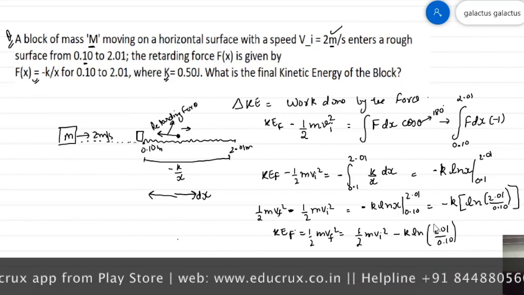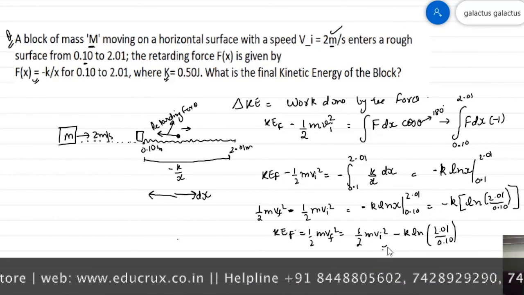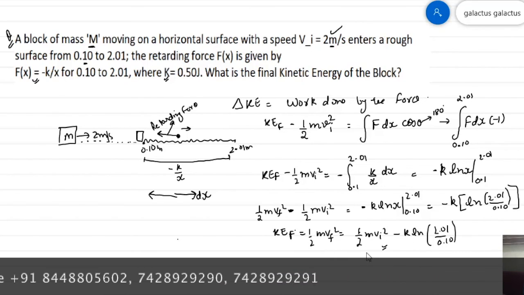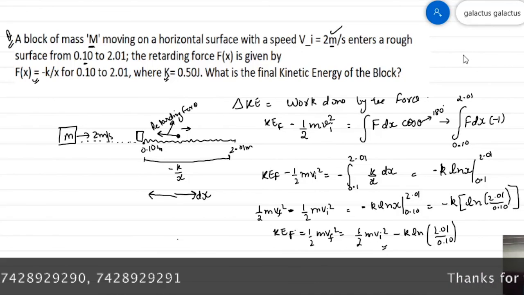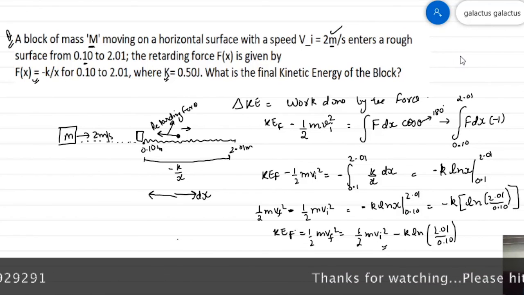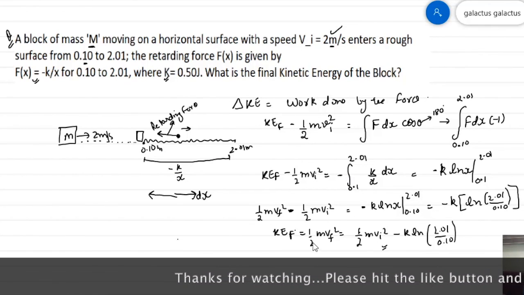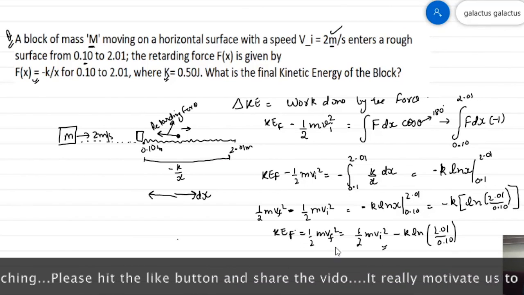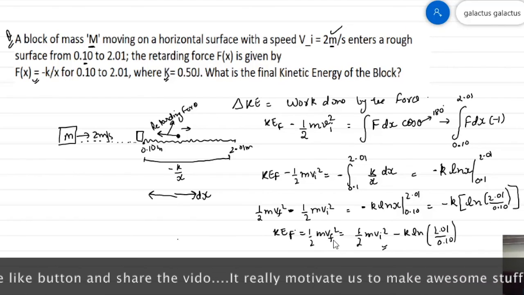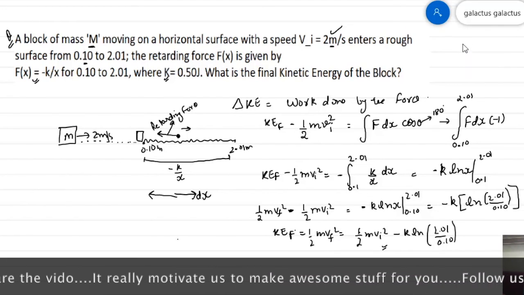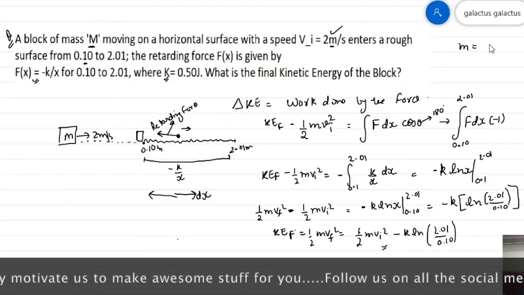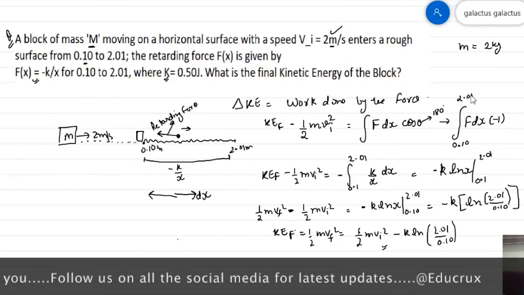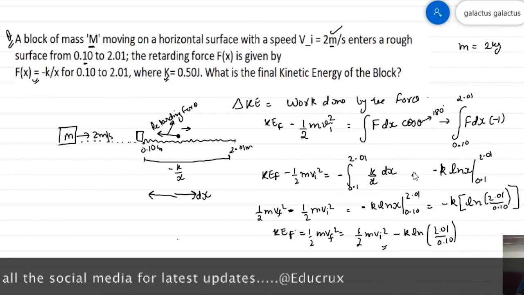So you can just solve this quantity and get the value of the kinetic energy final. And if you need to find the velocity of the particle, then you can substitute half m vf square and get the value of velocity final by algebraic manipulation. And I forgot to tell you that mass m was 2 kg. Okay, so this is our final answer.